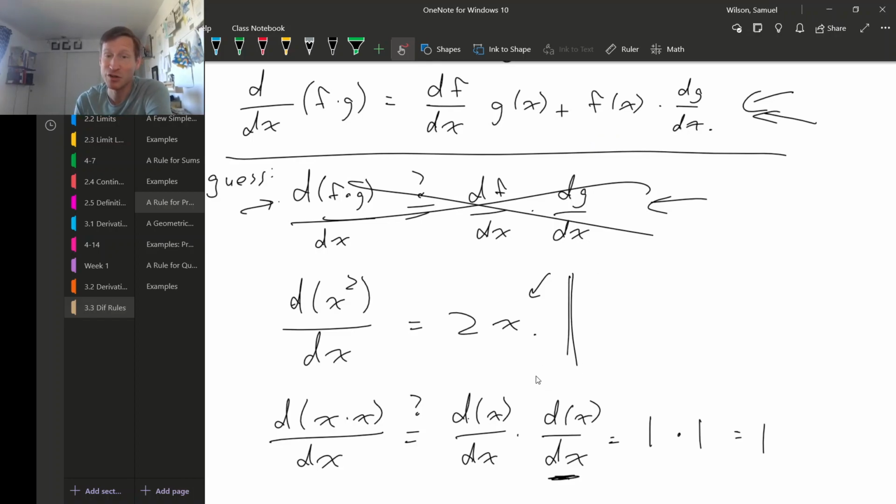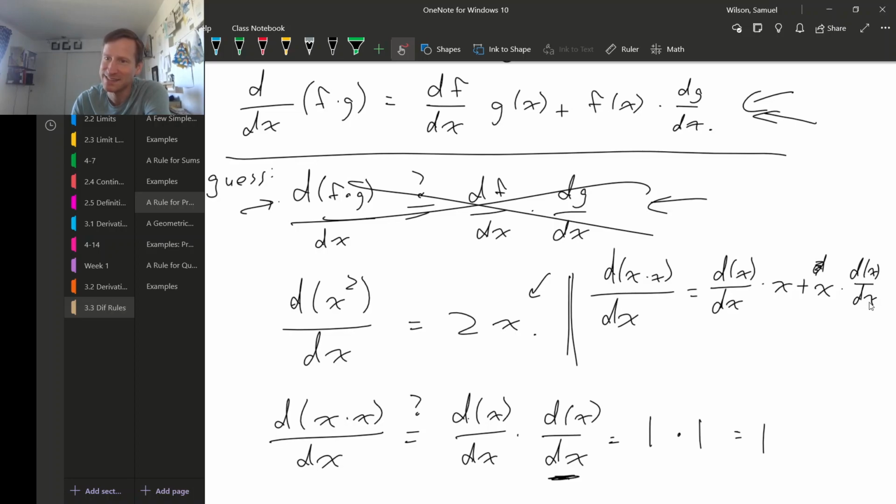Incidentally, if we use the correct product rule to find the derivative of x times x, we ought to get 2x, like we got with the power rule. So if we used the correct derivative, or the correct product rule, we should get the derivative of the first thing, which is x, times the second one, which is x, plus the first one with no derivative times the second one with the derivative, like this.